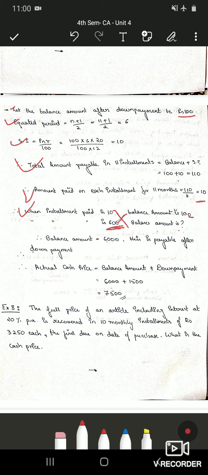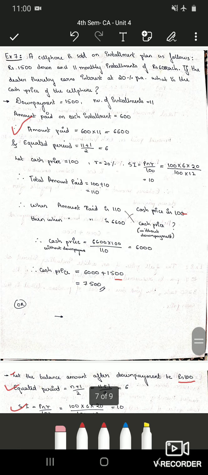So cross multiply to get the balance amount. That is 600 into 100 divided by 10, you will get the balance amount as 6000. So this is payable after the down payment. So what will be the actual cash price? Balance amount plus the down payment, so it is 7500. So we got the same answer.